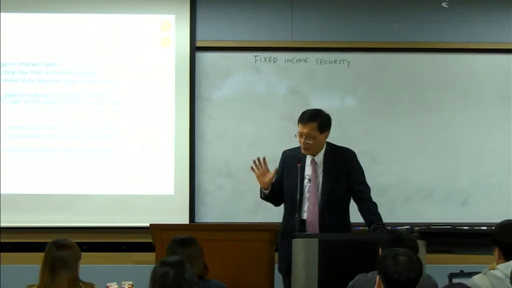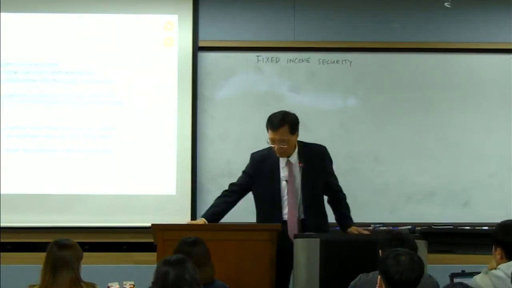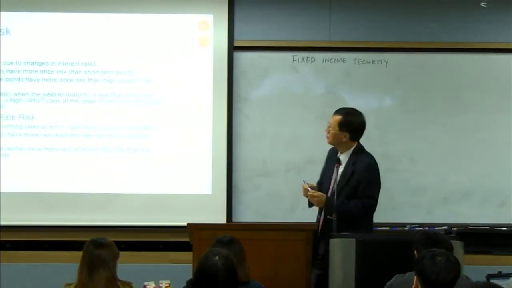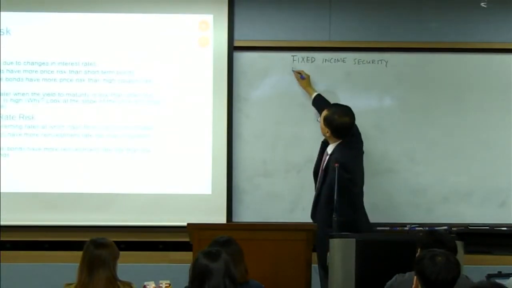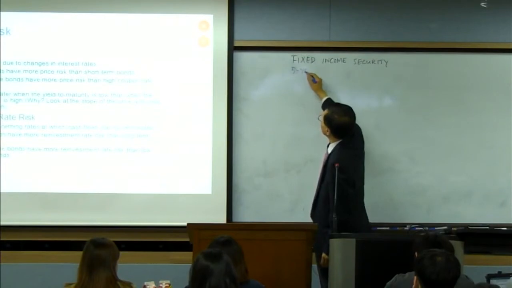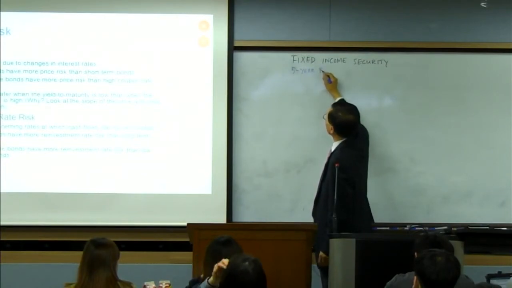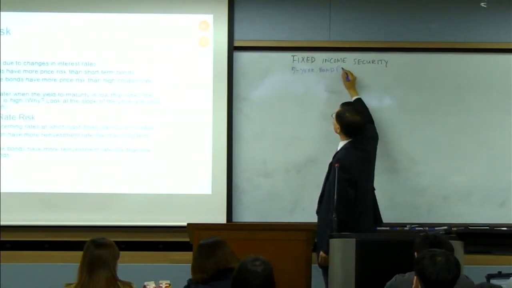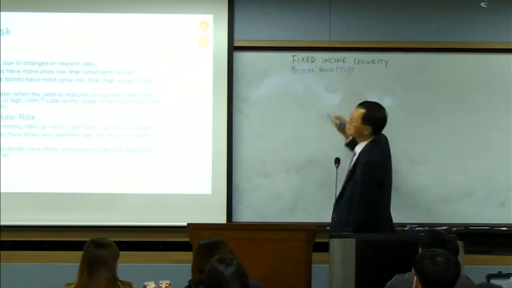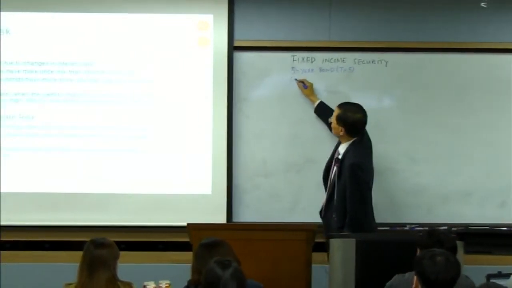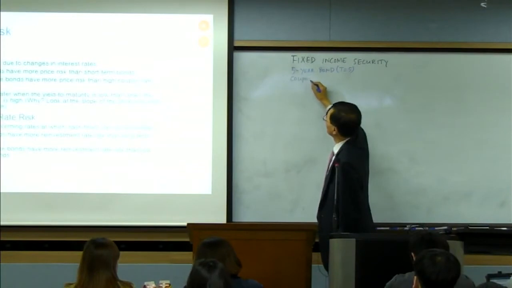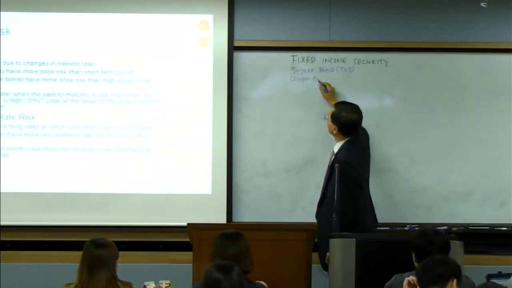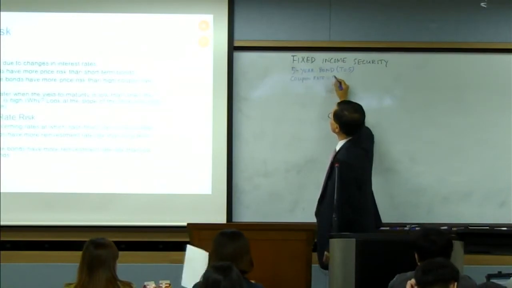So consider this simple example. Here's a bond, a 5-year bond. That is T equals 5. And coupon interest rate is 3%.